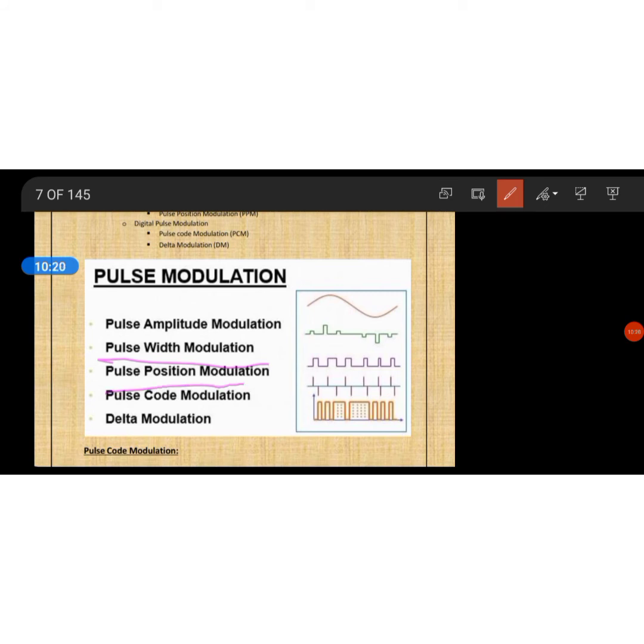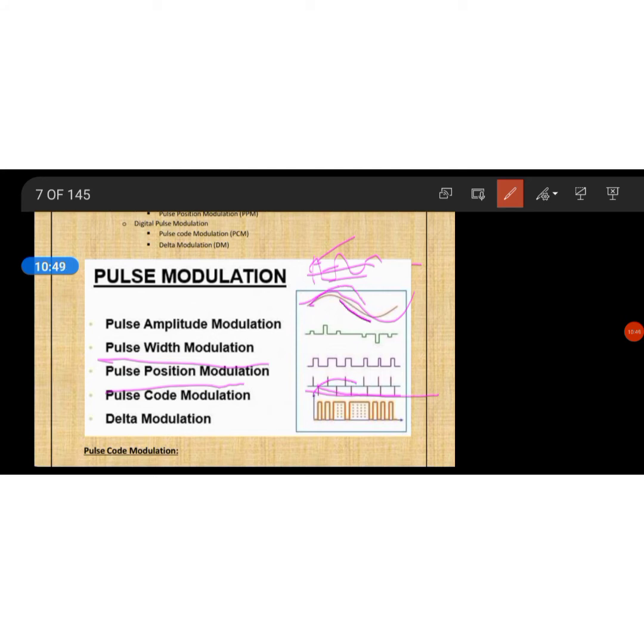Next thing is about pulse position modulation. In pulse position modulation, the position of the carrier pulse is varied with respect to the message signal. I'll tell you in detail. If the amplitude is increasing, the position will be shifted to the right.